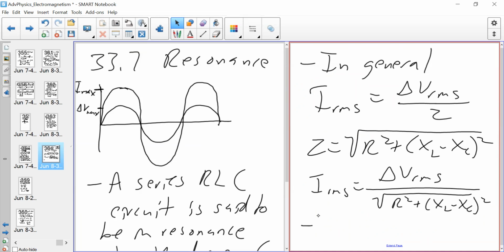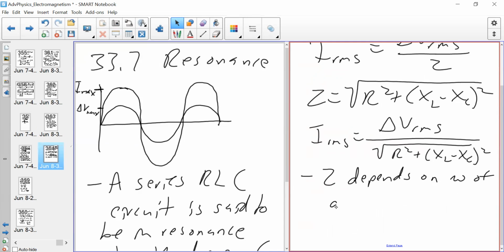So impedance depends on the frequency of an RLC circuit.